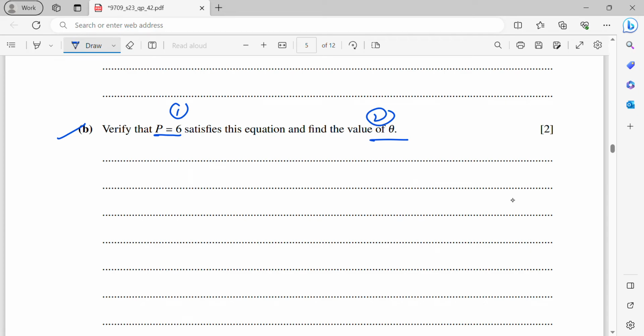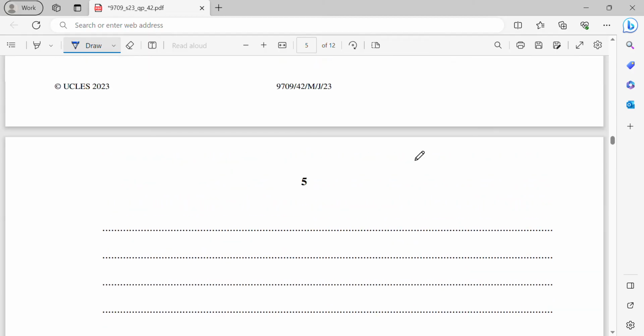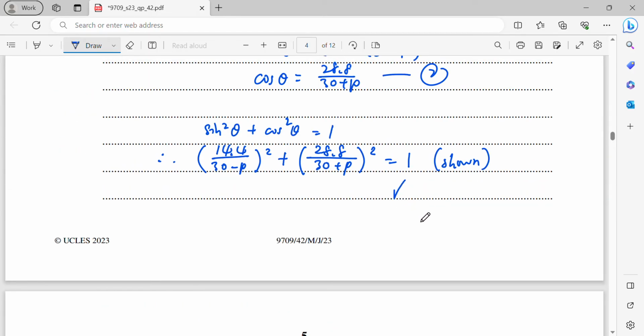When you verify, it means that you show that P equals 6 by substituting the value into the previous working.